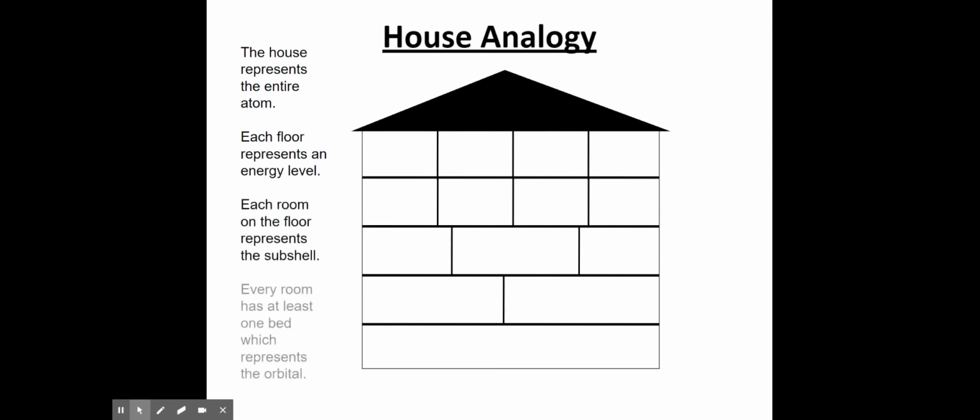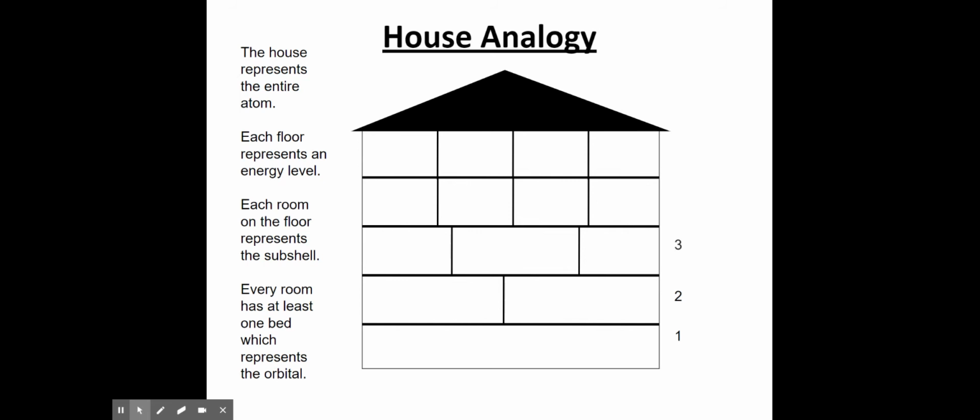The second floor has 2 rooms. The third floor up has 3 rooms. The fourth and fifth floors each have 4 rooms. Each room can have 1, 3, 5, or 7 beds in it. Each bed can hold 2 guest electrons.